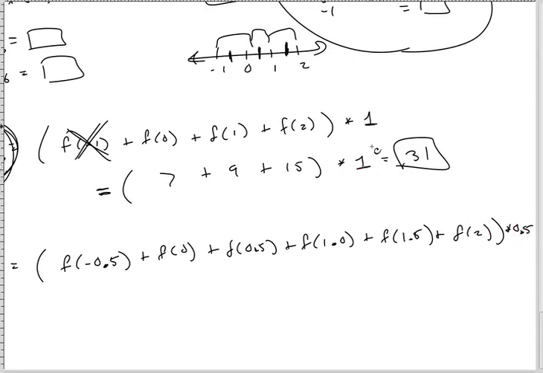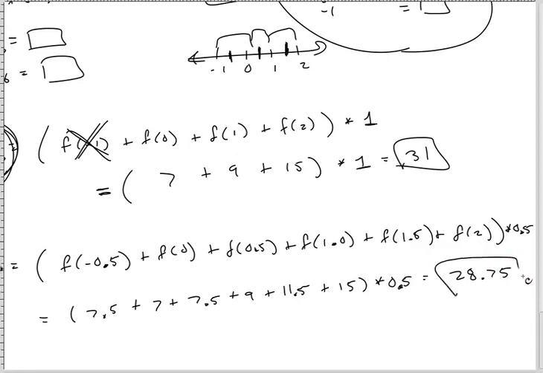That was the width. The width now is 0.5. Lots of smaller rectangles here. And so I'm going to just plug all this stuff into that function up there again. 7.5, 7, 7.5 again, 9, 11.5, 15, and then times the 0.5. And so we got 28.75, which is more accurate.